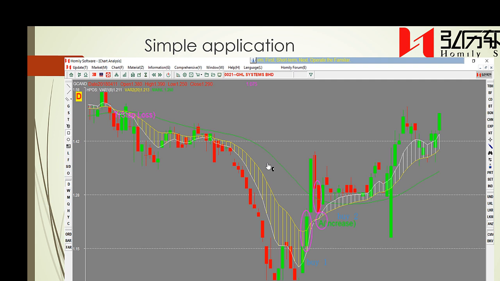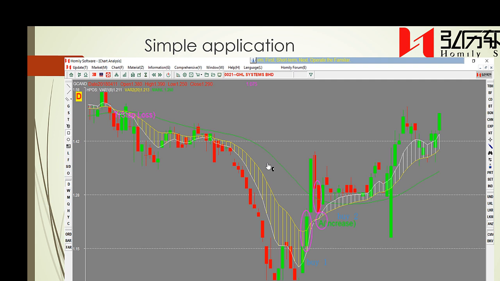If the price still moves back and forth in this area, we can still hold it. And another aspect we can see from the band: the white band is still turning up, right? Still rising.